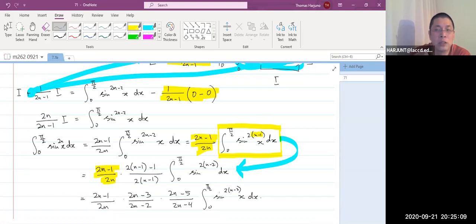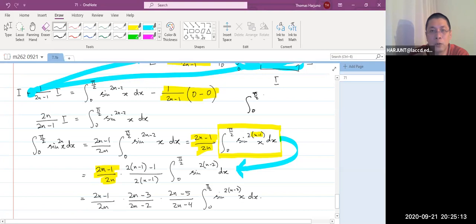So what is the integral from 0 to pi over 2 of sine to the 2u of x dx? According to the formula we have earlier, that will be 2u minus 1 over 2u times the integral from 0 to pi over 2 of sine to the 2u minus 2 x dx.